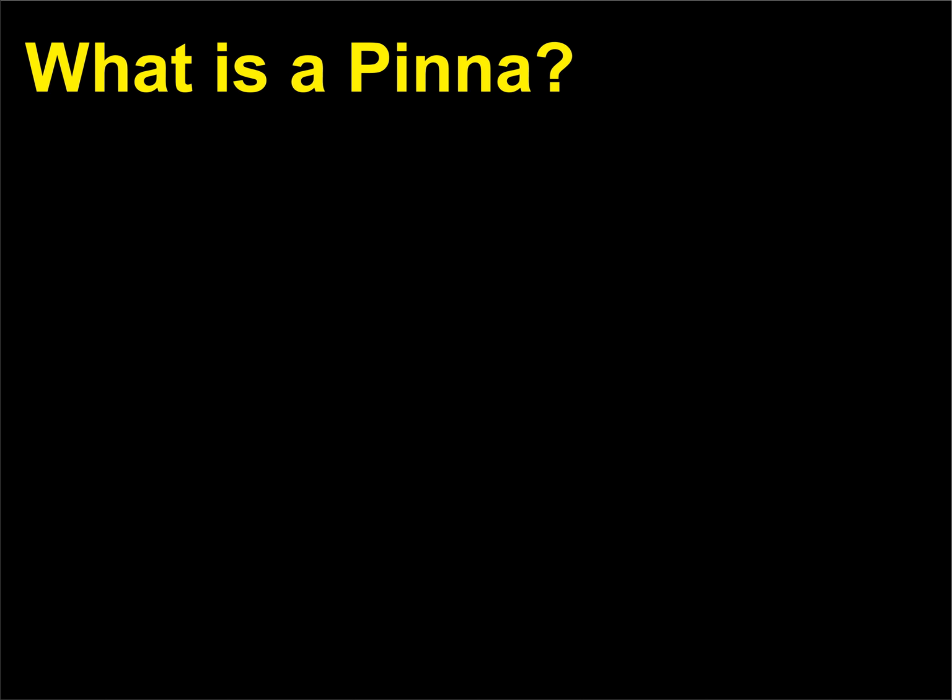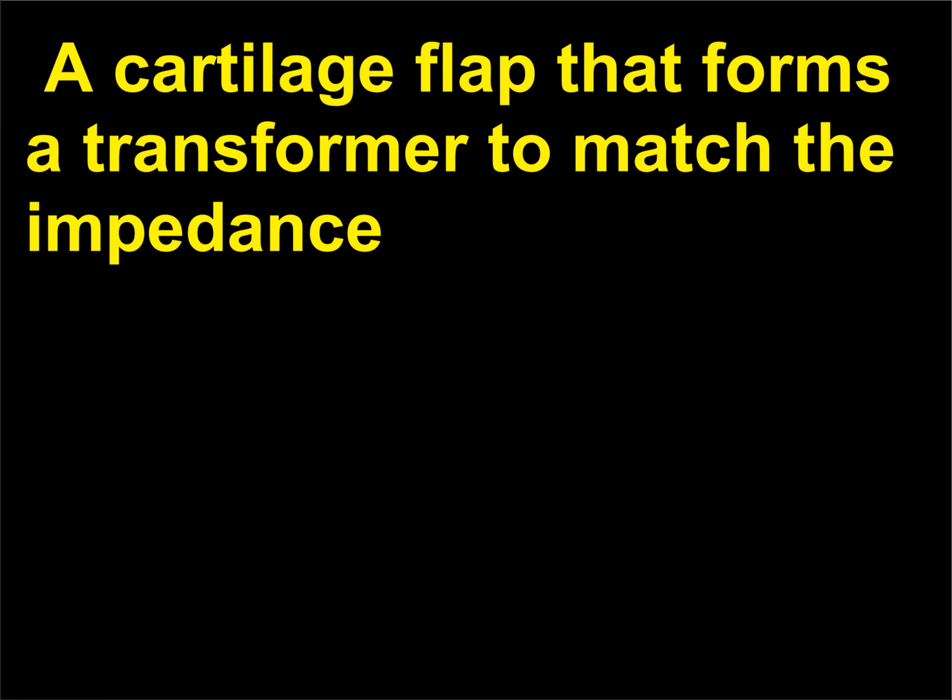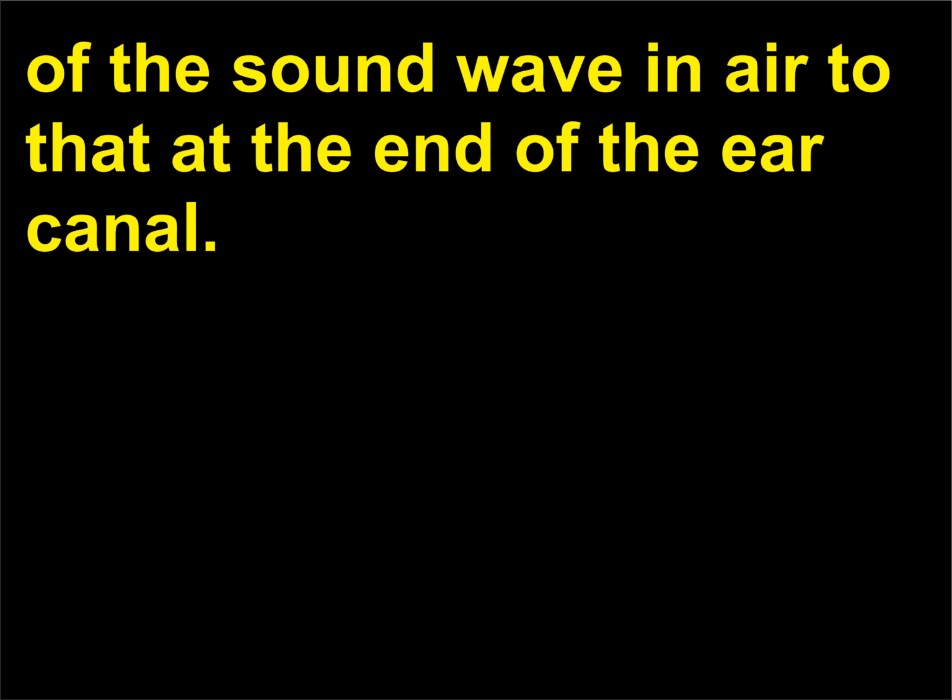What is a pinna? The outer ear. A cartilage flap that forms a transformer to match the impedance of the sound wave in air to that at the end of the ear canal.